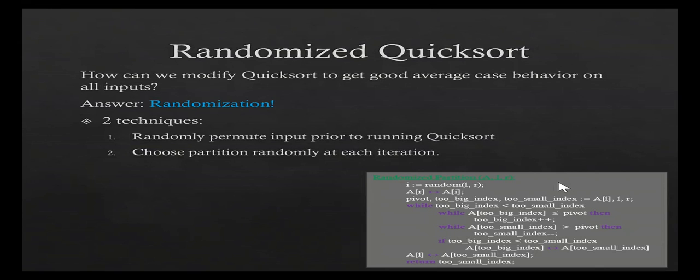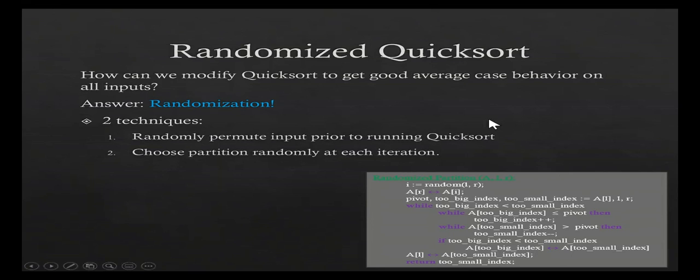After every iteration, for example after the partitioning, when we repeat the action in the second iteration, we choose another random value as the pivot, not the first position value or the last position value. If we perform like this, we can optimize our performance and always get the good average case instead of the worst case.